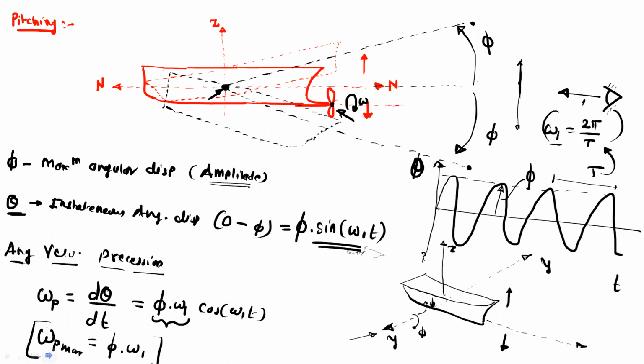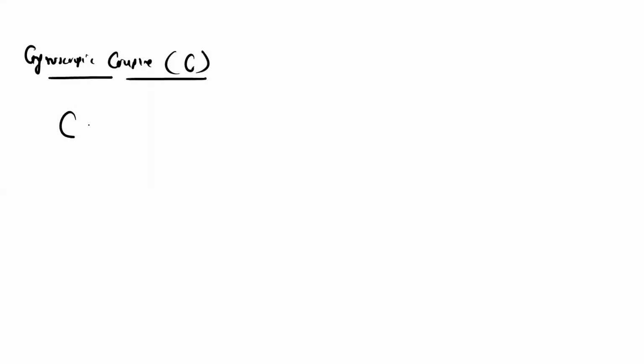Now the gyroscopic couple on the ship we can find out. So gyroscopic couple, this is capital C, is equal to, we know the equation, I into omega into omega p.